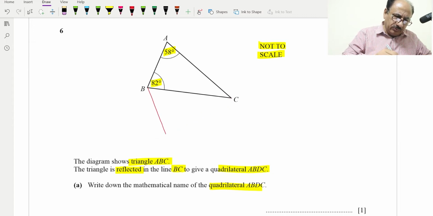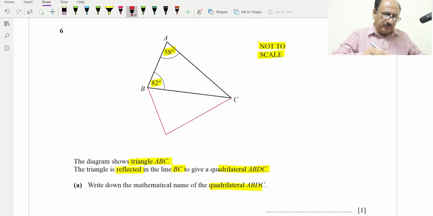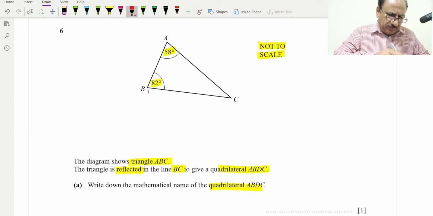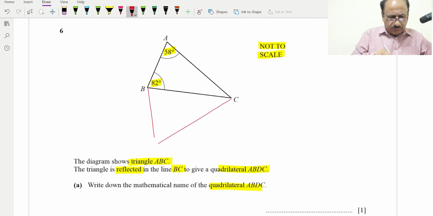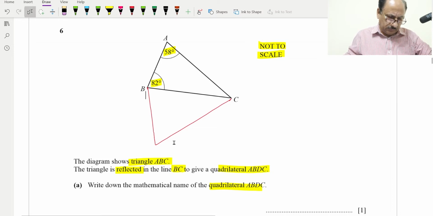So we can reduce this line, and we can say this is basically the reflection. It's not exact, but I will try to make it a little more accurate, and this will be up to over here, and this is a little better than earlier. So this is basically the shape which is drawn.